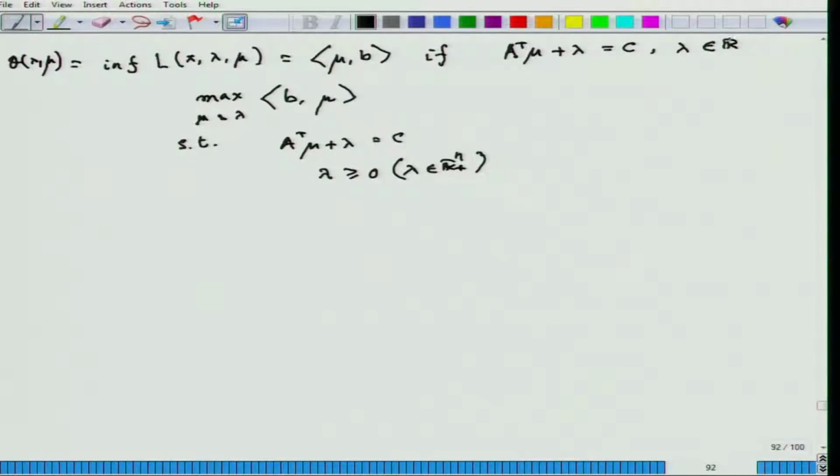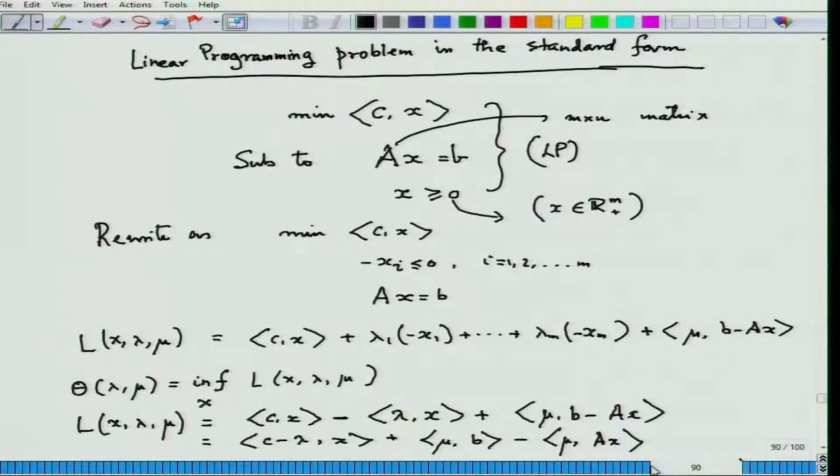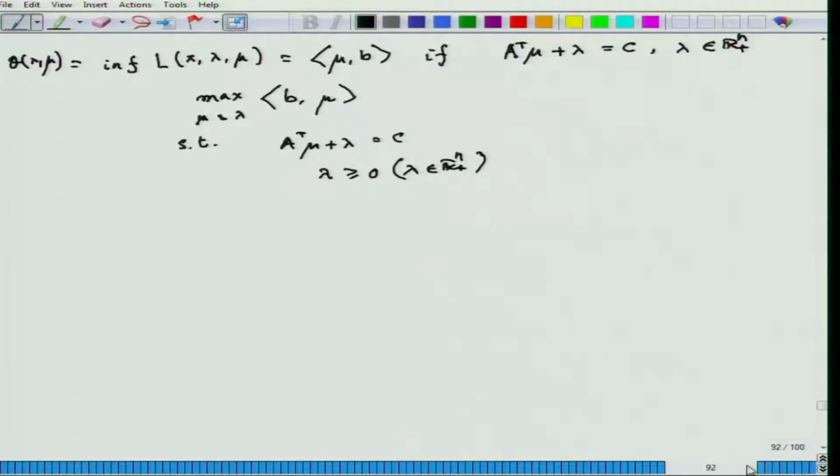Because I have taken x in Rn plus, and lambda are the Lagrangian multipliers, the multiplier associated with x. So, this lambda vector is in Rn, so this will be in Rn plus.